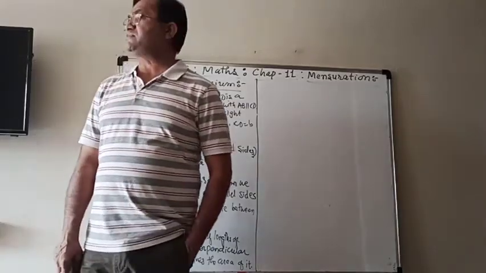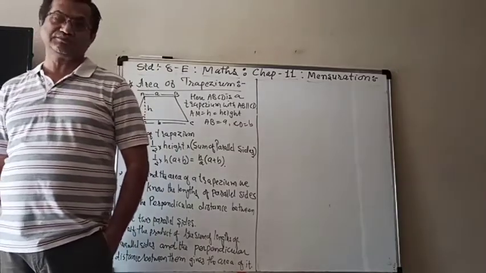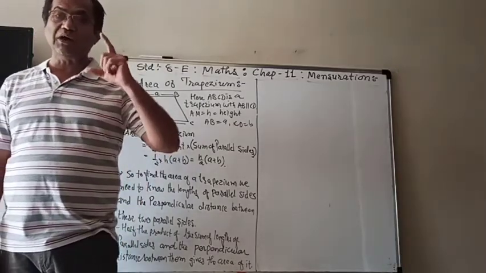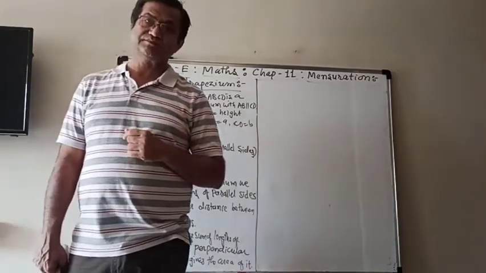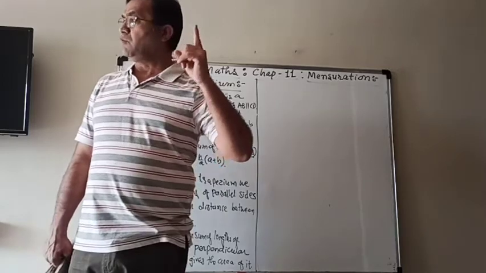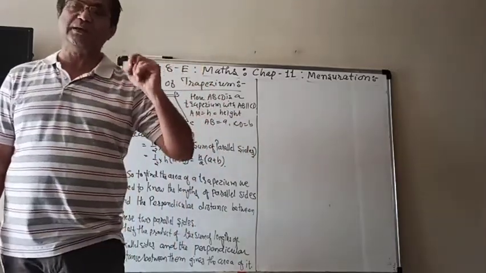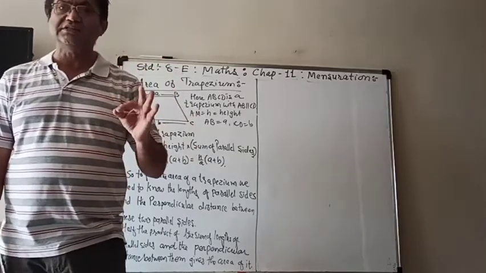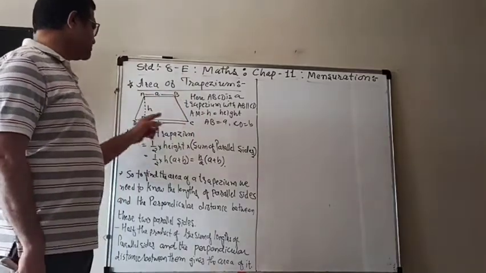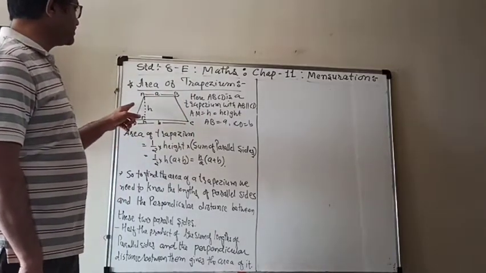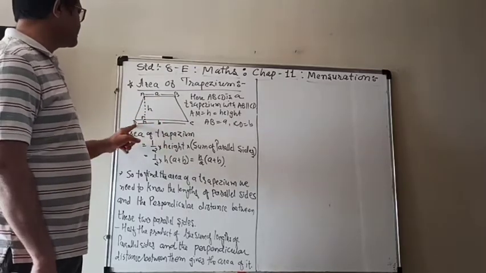You know what the trapezium is? Trapezium is a quadrilateral in which only one pair of opposite sides is parallel. So when one pair of opposite sides is parallel in a quadrilateral, it is known as a trapezium. Here ABCD is a quadrilateral in which line segment AB is parallel to CD.